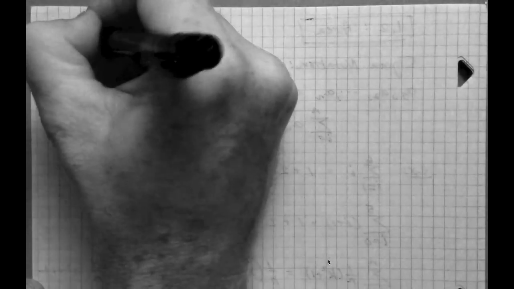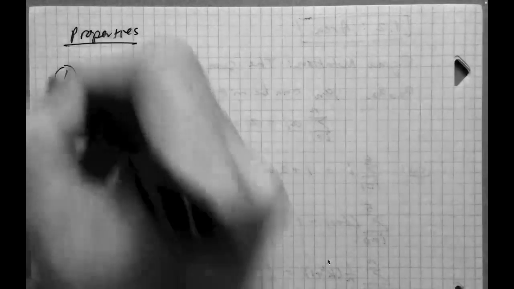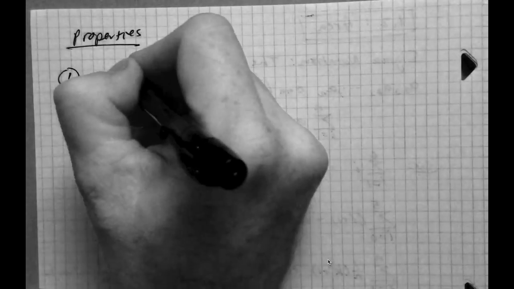Okay, so there it is. That's the sigma notation. Now there's a couple of properties that we're going to need, and some identities for sigma notation. The first one is the one that we've already kind of seen.